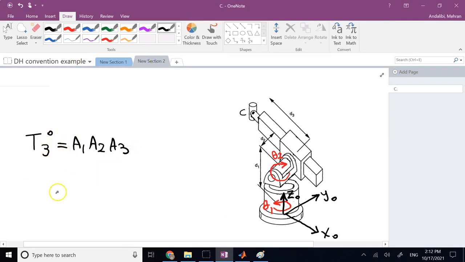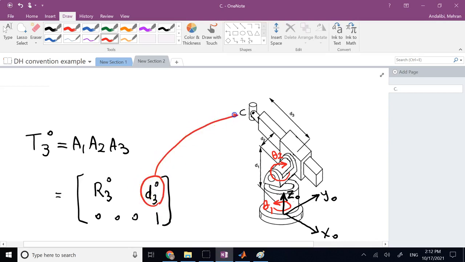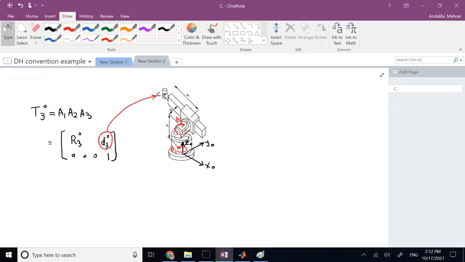Once I get this one, that is going to be a 4x4 matrix, and the last column of that is D of 3 with respect to 0, correct? And D of 3 with respect to 0, the origin of 3 with respect to 0, is exactly the coordinate of point C. So if I want to find that symbolic or mathematical function, I can just use the first three joints and find those functions and then try to solve those functions for what?